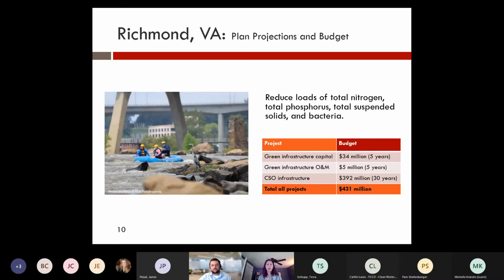They had local nonprofits, the private sector, the general public, and that was a big driver of the integrated planning process, is really getting all the stakeholders at the table and understanding exactly what they needed to do. And they also hired a third-party consultant to facilitate all of those conversations. And that helped build trust between Richmond and the local community, where there wasn't that trust before. And so that stakeholder engagement is essential.